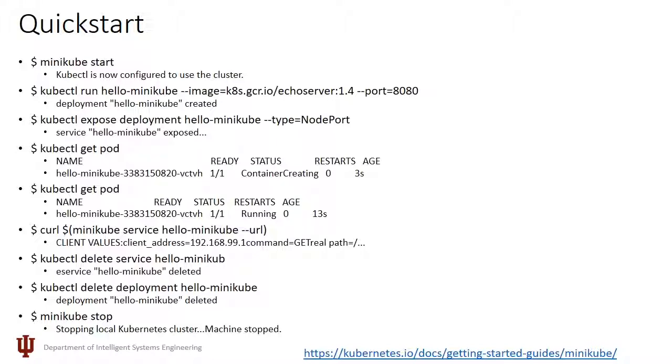Maybe you want to run the Hello Minikube deployment activity and have an echo server started on this particular port. You may want to expose the deployment on a particular port. You may want to get a pod. You may want to interact with this particular application through, for example, a curl call. And then at the end, you may want to delete it, and you may want to stop Minikube itself.